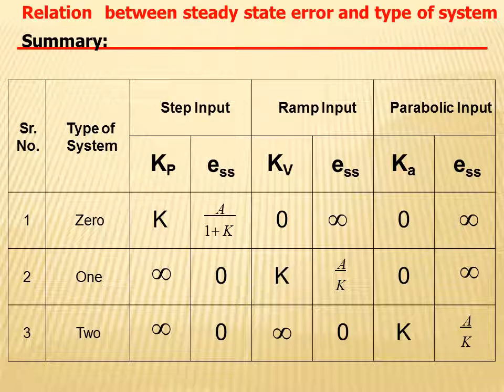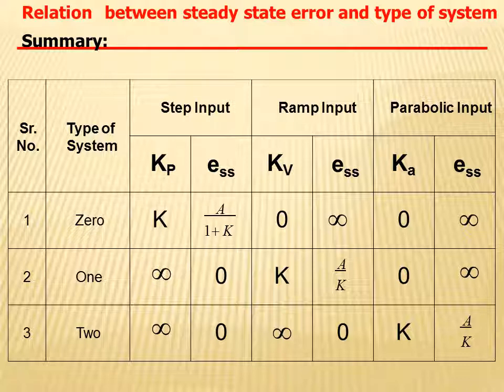See in the table, for type 0 system and step input, the position constant Kp is equal to K and steady state error is A divided by 1 plus K. For type 0 system and ramp input, the velocity constant Kv is 0 and steady state error is infinity. For type 0 system and parabolic input, acceleration constant Ka is 0 and steady state error is infinity.